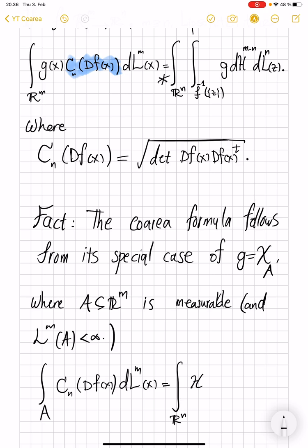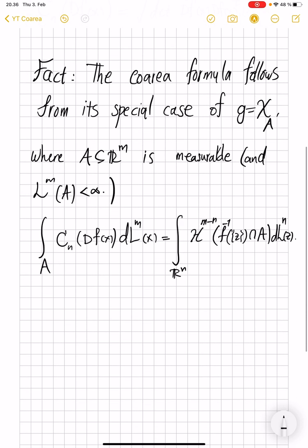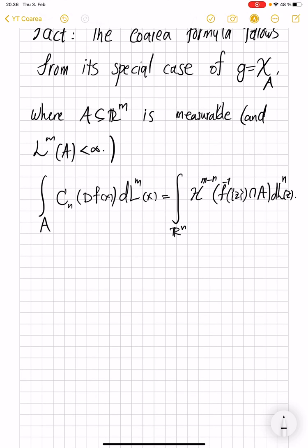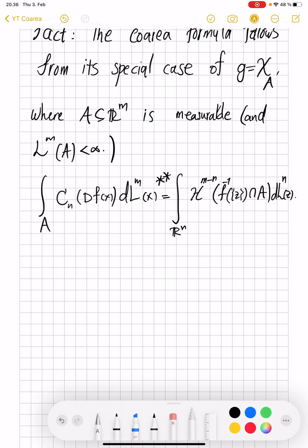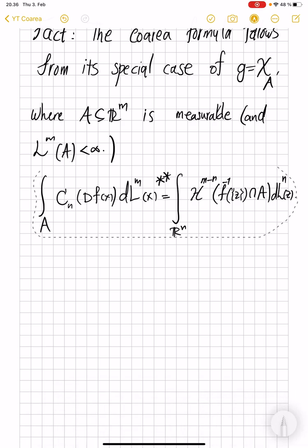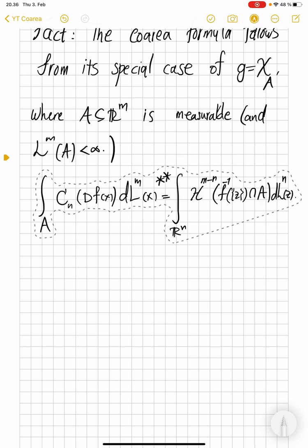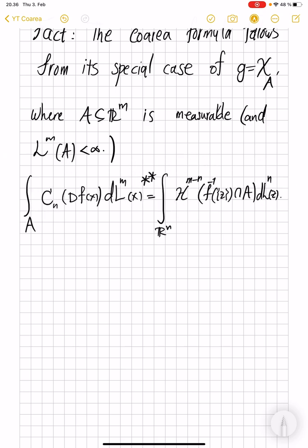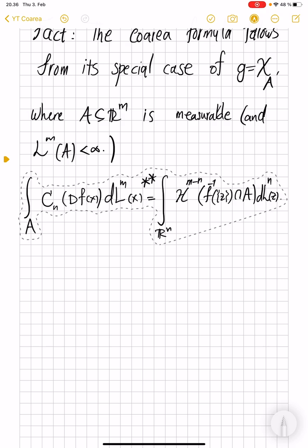So this will become the fiber intersected with A, and then I have dLn of z. So that is my claim that if you prove this formula double star for all measurable subsets of Rm, then you get the formula star for all integrable G.